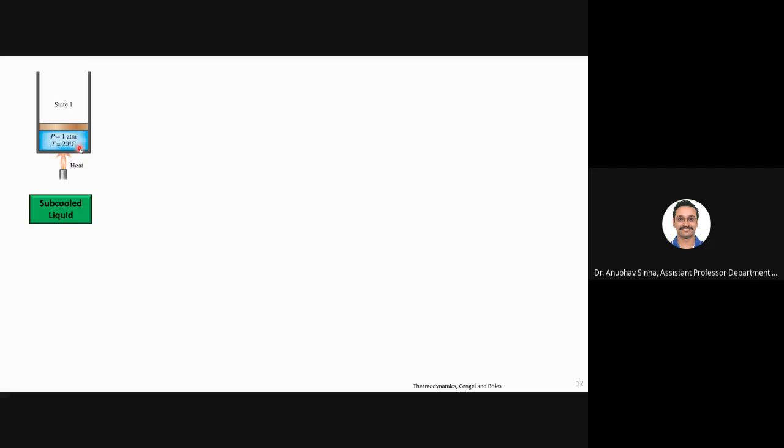This is much cooler than what is required for boiling, so it is called subcooled liquid. This is state 1. Now I keep on adding heat and reach state 2. Here I have saturated liquid, liquid which is just at the boiling point: 1 atmosphere, 100 degrees Celsius.